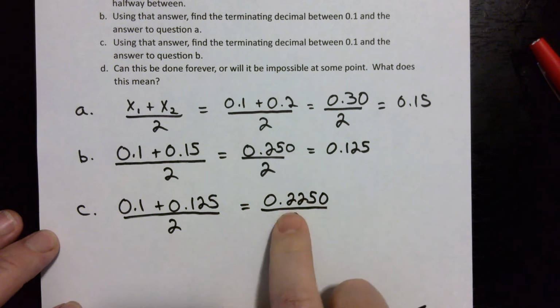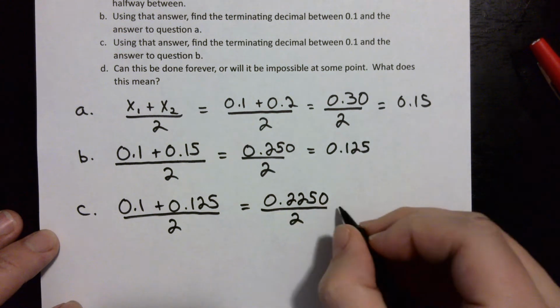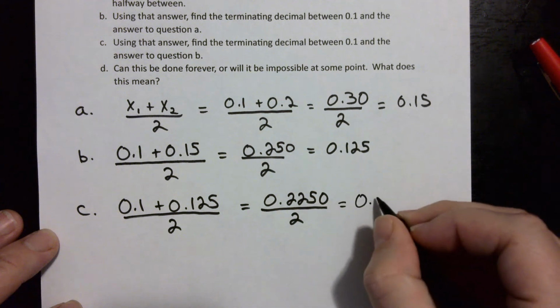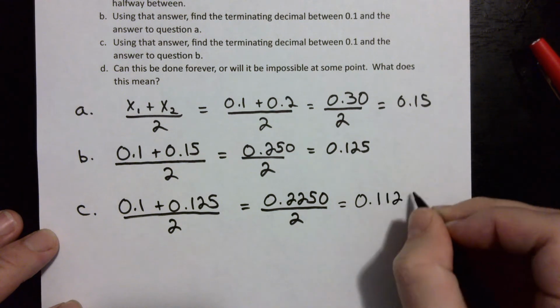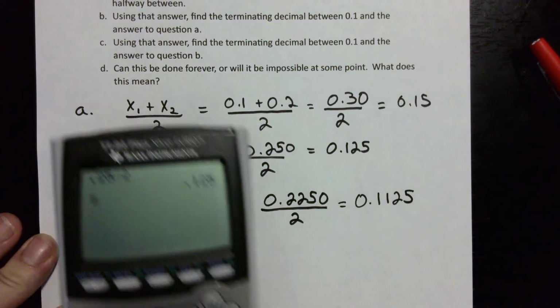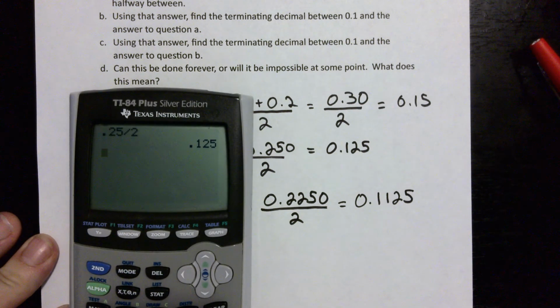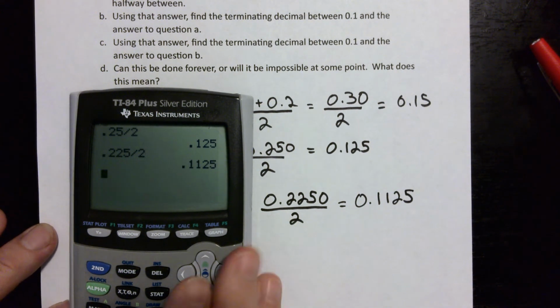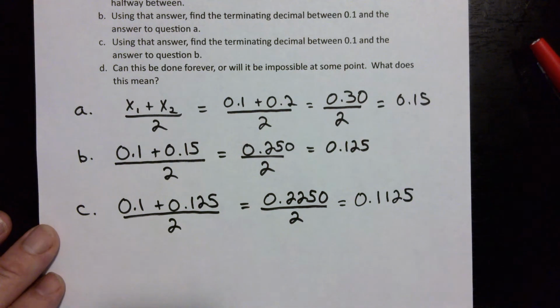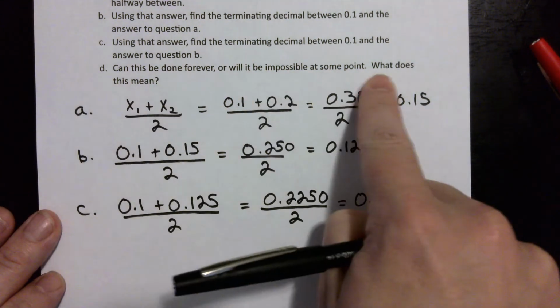So what is half of 2,250? Well, that would be 1,125. And this is how you write it right here with the decimal in the same place. Here's the calculator to prove that it's right. So 0.225 divided by 2 is 0.1125.